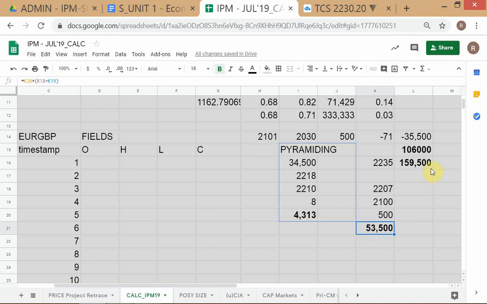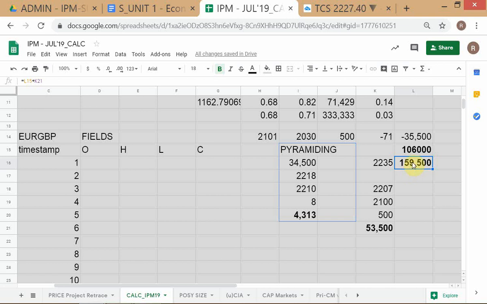If I decide to size my new position in such a way that I'll lose 159,500 on the new lot, which I'm buying at 22.35, then I will lose 159,500 on the new position. Let's say I buy 5,000 at 22.35, and that 5,000 comes out of a calculation that I should not lose more than 159,500.